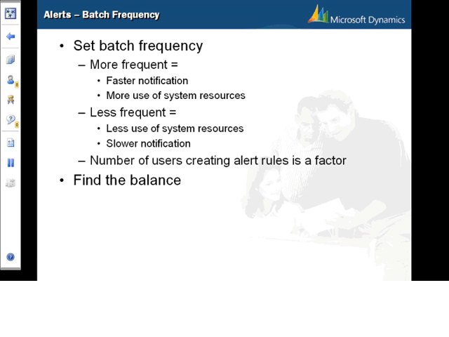The larger the number of users who create alert rules, the more relevant these considerations are. That is, the number of events to be processed does not change with the frequency, but the more users who create alerts, the more checks have to be performed. This kind of data change could affect system performance.